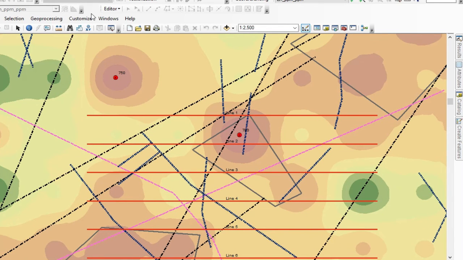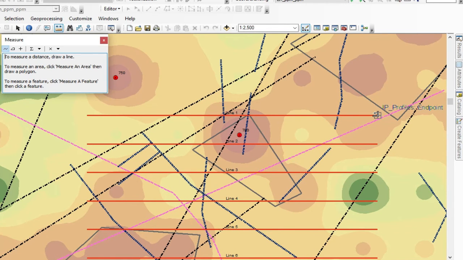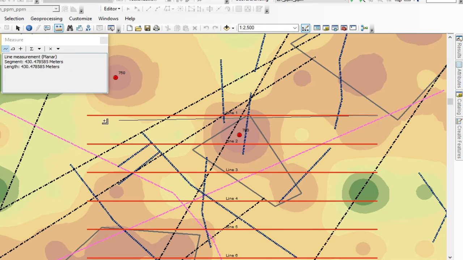This is about a 470-meter line. So on our IP line, we should be expecting something around 210, 211. Let's just assume 210, 211 from here to here. So from east to west, we should be seeing something showing around here. You understand? So we're going to bring in our IP and see how it looks.